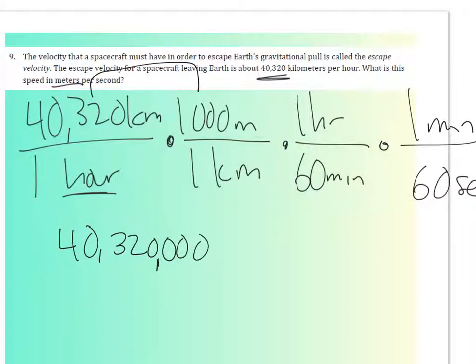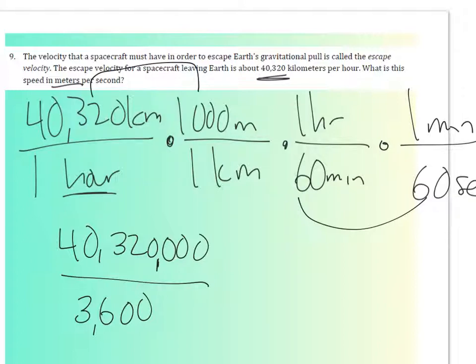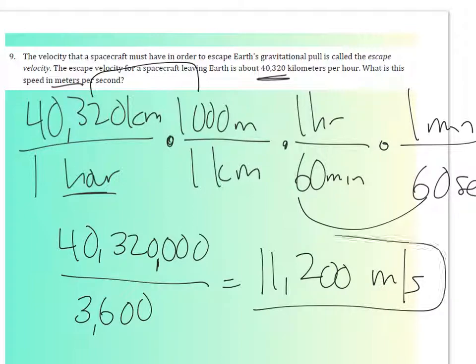So you get 40,320,000, and you're going to divide that by 60 times 60. So it's going to average about 11,200 meters per second. So that's really moving.